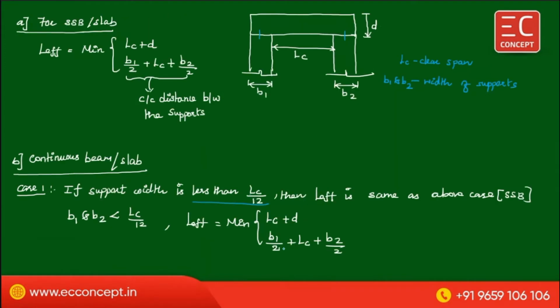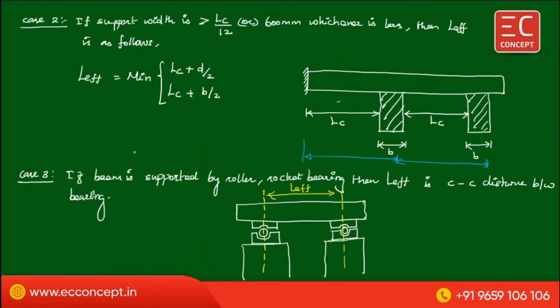Now, the third case: if the beam is supported by a roller or rocker bearing, then L effective is the distance between the centers of the bearings. This is the center of the bearing, this is the center of the bearing. Consider the distance between these two as the L effective.